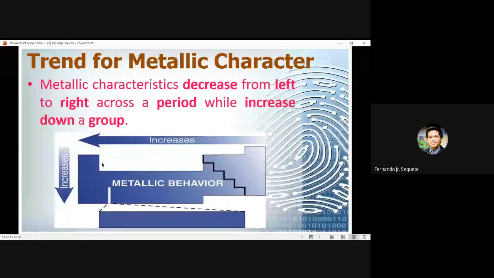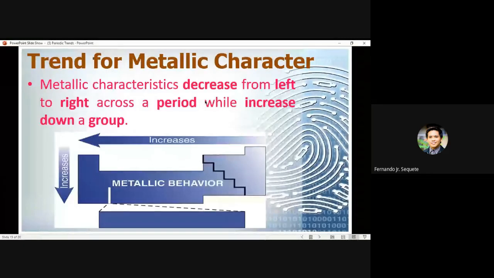Okay? And then the metallic behavior from top to bottom is also increasing. Okay. Kung ipa-partner mo ito sa electronegativity, maintindihan mo bakit yun yung arrangement ng electronegativity. Okay? Kasi opposite lang yung dalawa.